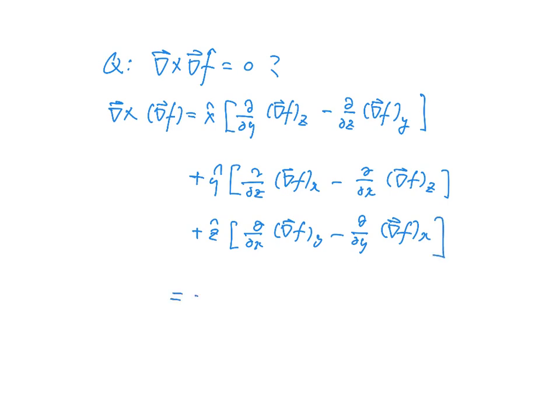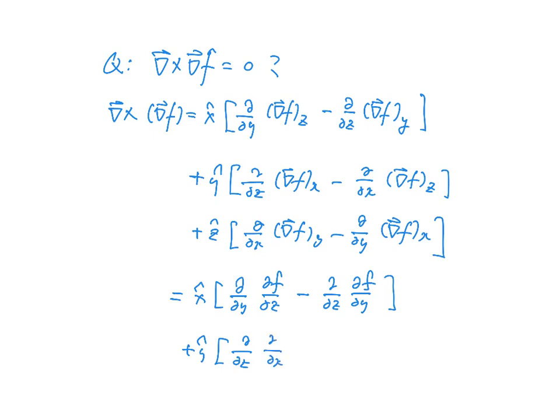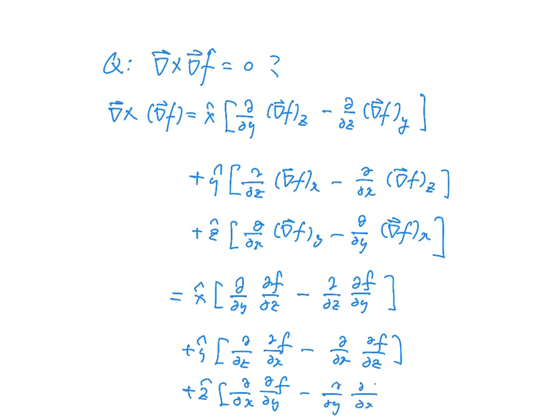What is the z component of the gradient of f? It is partial z of f, right? So this is partial y partial z of f, minus partial z partial y of f, plus y times partial z partial x of f minus partial x partial z of f, plus z times partial x partial y of f minus partial y partial x of f.